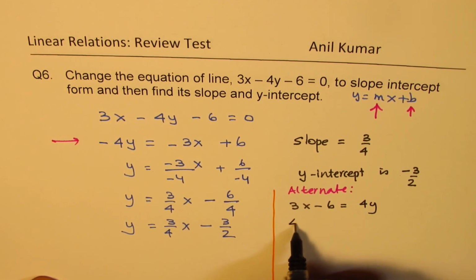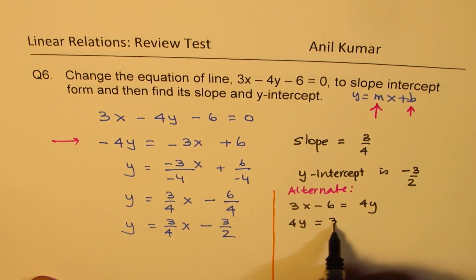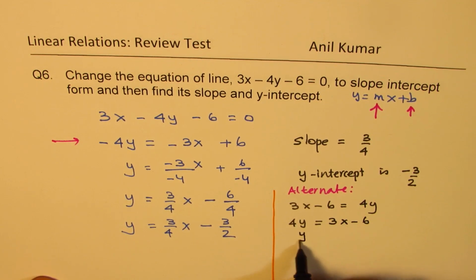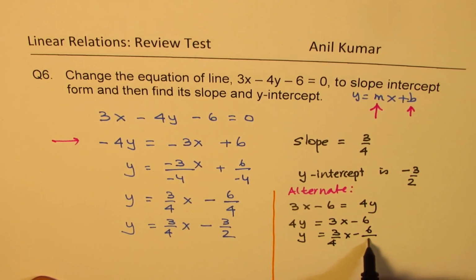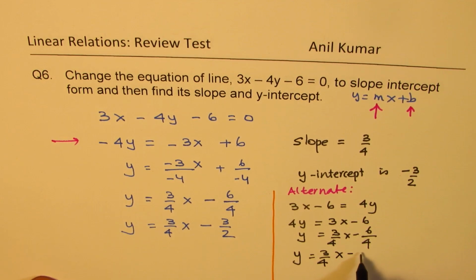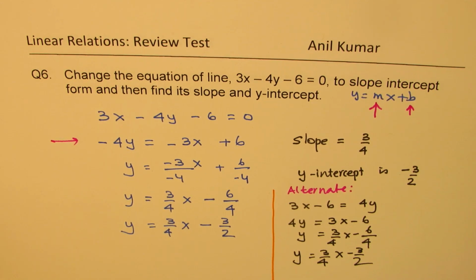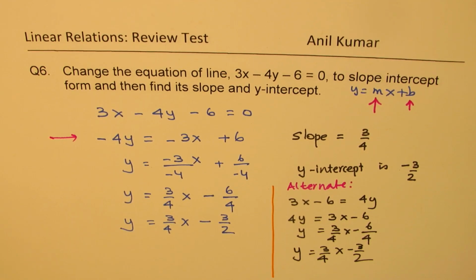So we could write this as 4y equals 3x minus 6, y equals 3 over 4x minus 6 over 4, which is the same result. So we get y equals 3 over 4x minus, dividing by 2, 3 over 2, right? Which is the same thing. So you could do it like this. I hope all these steps are absolutely clear, right? Let's move on and take the 7th question now.